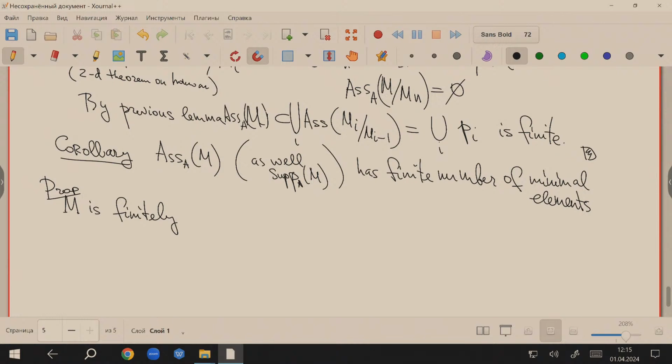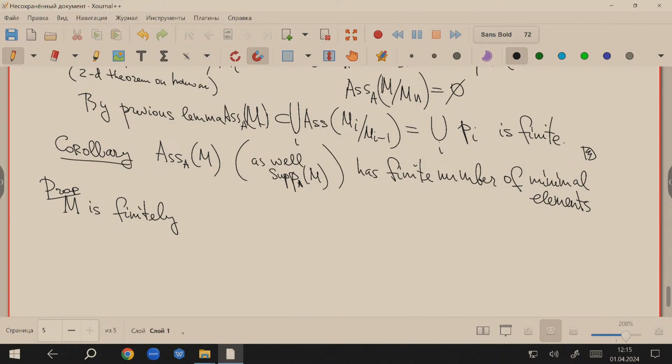Sometimes for the constructions and statements you need the module to be finitely generated, sometimes you need only the Noetherian property, and of course they meet in the best way when you consider all the assumptions.